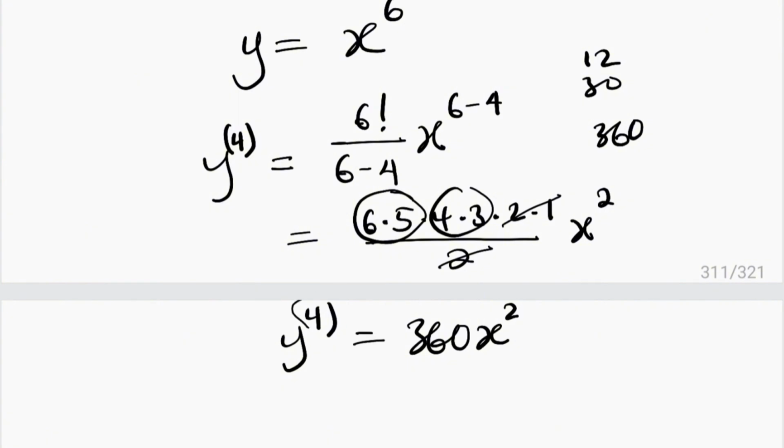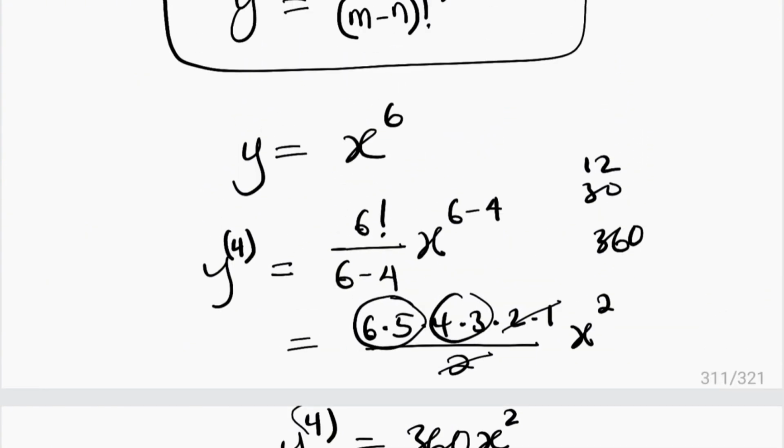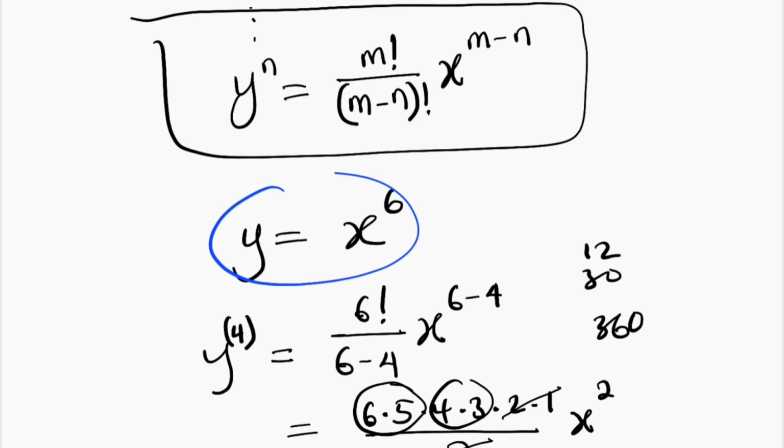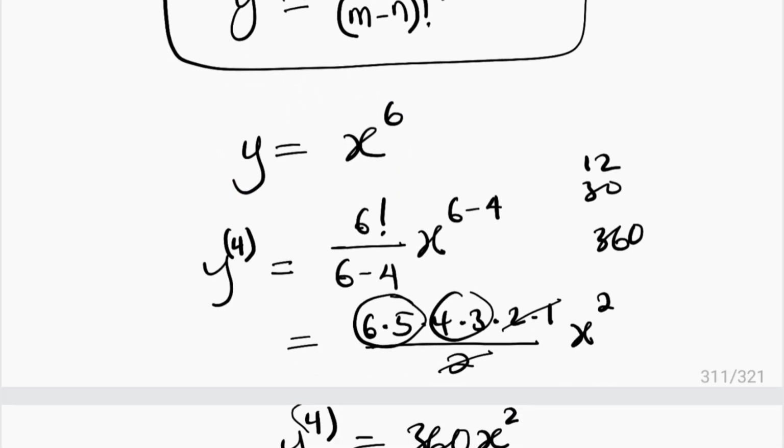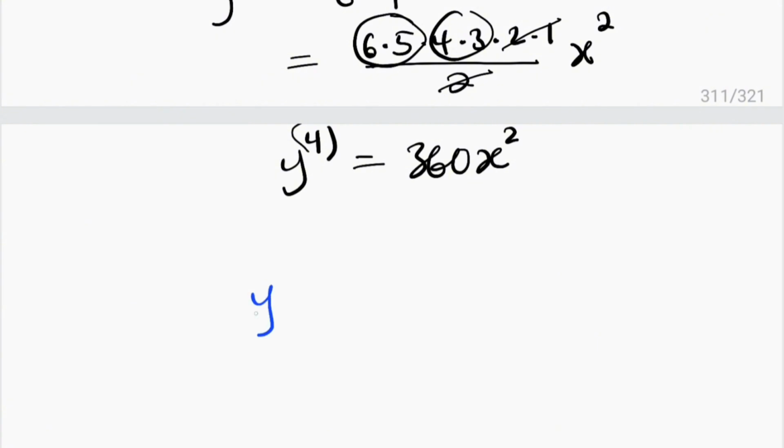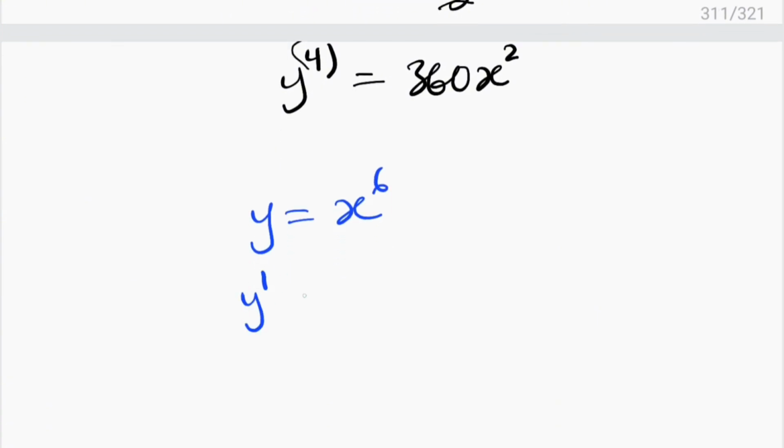And if you like, you can check it. Differentiate this one after the other till you get to the fourth derivative. Since this is my last question, let us try that. We have y to be equal to x raised to the power of 6. The first derivative is equal to 6x to the 5th power, because you have to reduce this by 1. The second derivative is going to be 5 multiplied by 6 is 30, x to the power of 4.